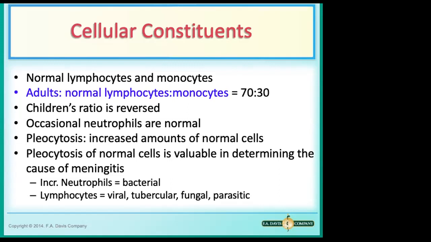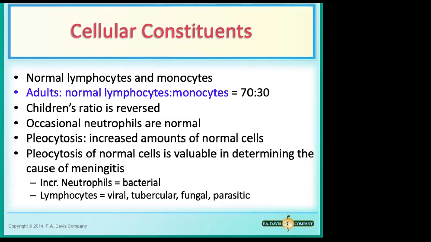The ratio is reversed for children, so that's something to keep in mind. Sometimes you'll see occasional neutrophils in normal CSF, but that doesn't really happen all the time because neutrophils start to give us an indication that there's something else going on. So what you're really expecting to see is lots of lymphocytes and then some monocytes, about a 70 to 30 ratio in the CSF.